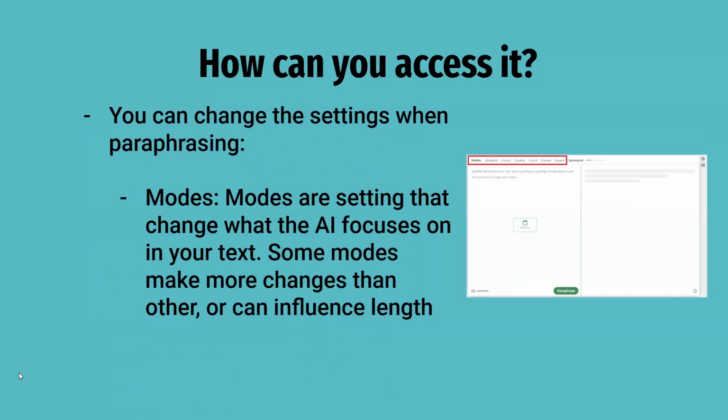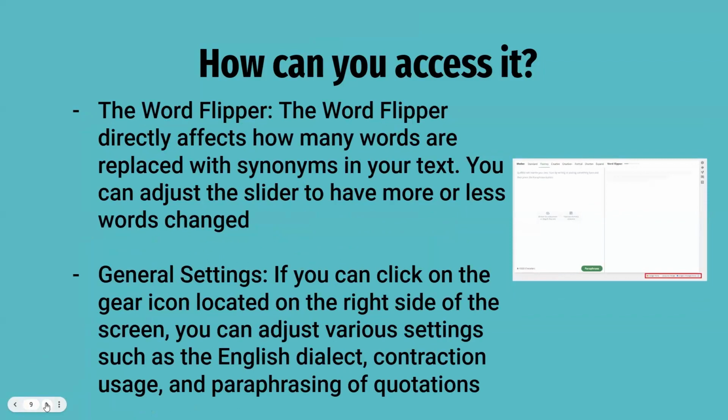And they are pretty self-explanatory with things like creative, maybe using more advanced vocabulary or being for creative writing, shorten being closer to proper paraphrasing, where it shortens text, and expand being maybe using vocabulary that makes your text longer instead. Next.